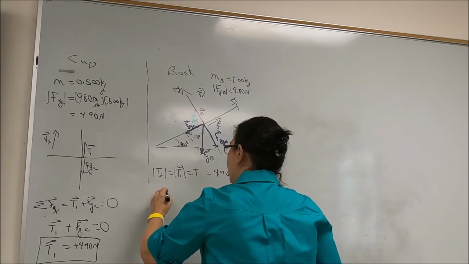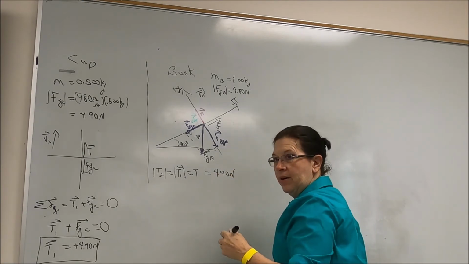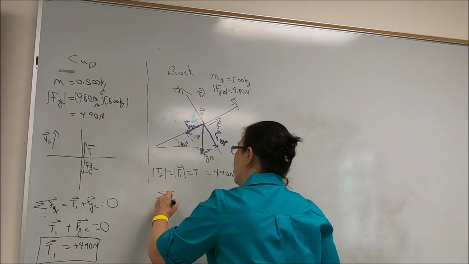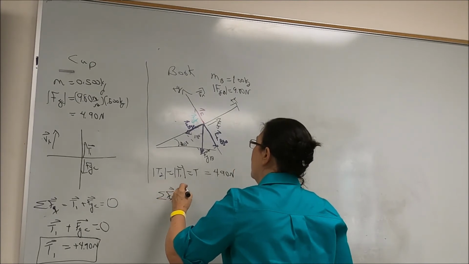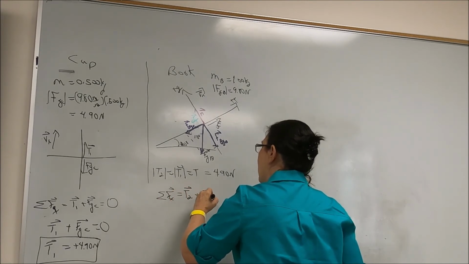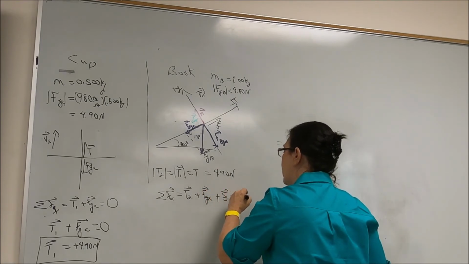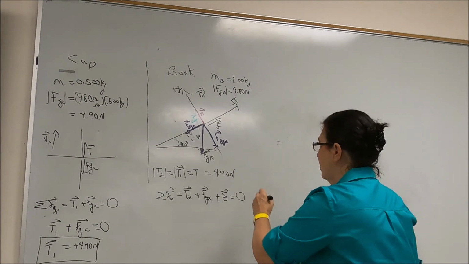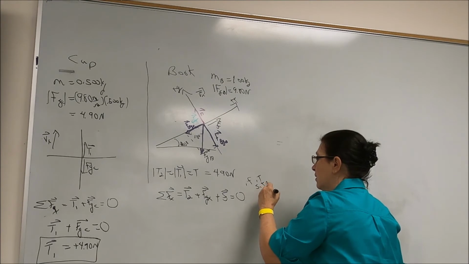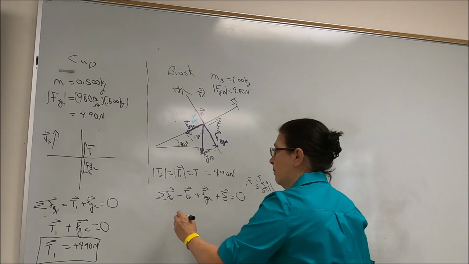Now, the magnitude of the frictional force, we'll worry about in a minute. We're going to solve for it and then compare it to F sub S max. So, the sum of the forces in the x direction here would be T2 plus force due to gravity x plus our frictional force. And if it stays still, the sum of the forces in the x direction have to equal 0.